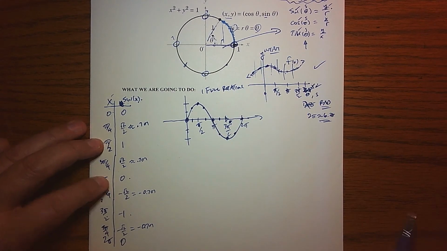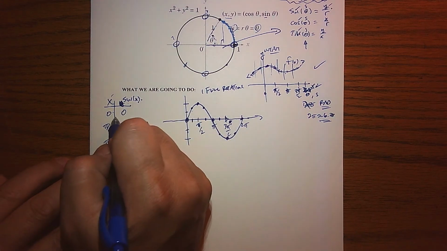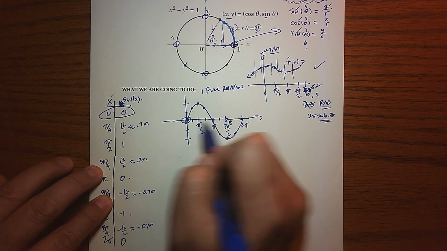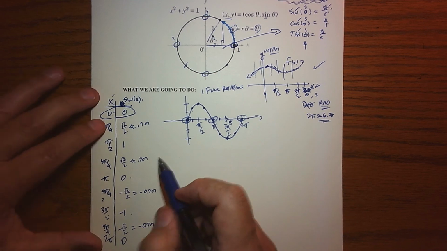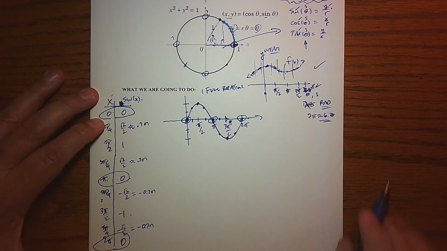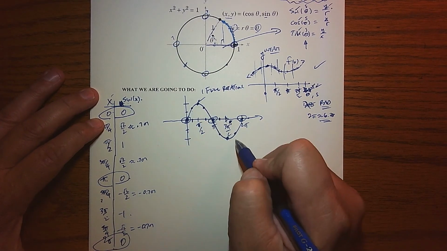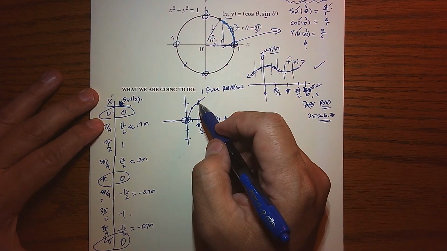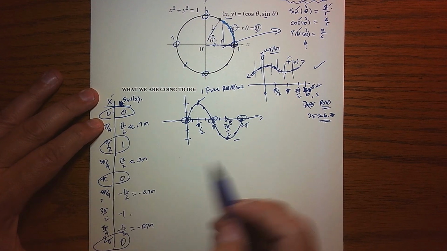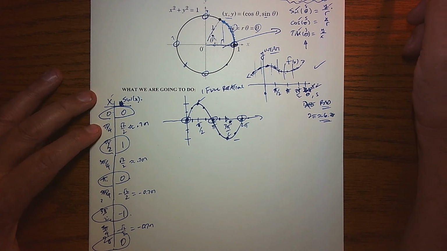That's a classic case. The major points are the intercepts, 0, 0, pi, 0, and 2 pi, 0. And then the high points: we have a relative max at pi over 2, 1, and a relative min at 3 pi over 2.